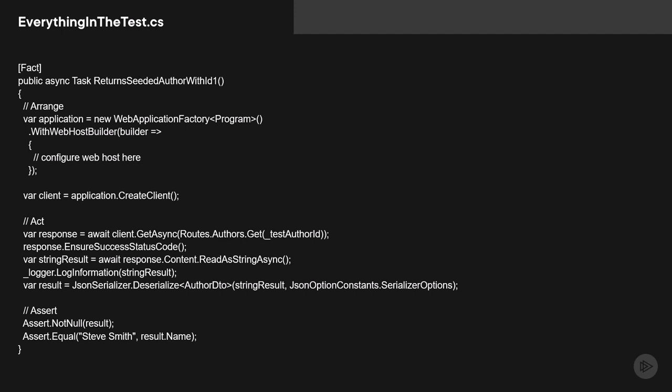In the act step, the client makes an HTTP request to the application specifying a route. Then it deserializes the response into a strongly typed DTO. Finally, the assert step makes assertions against this DTO in a strongly typed manner.